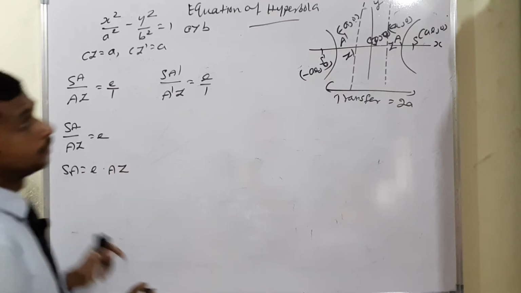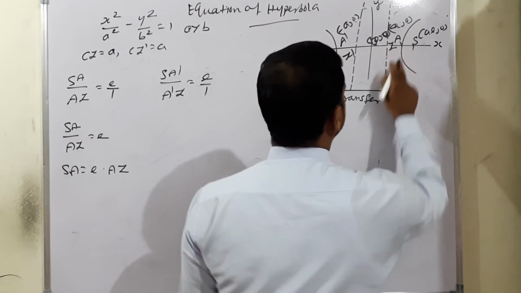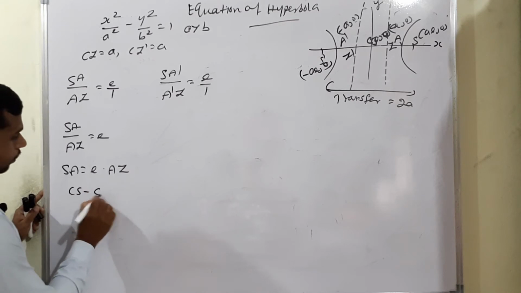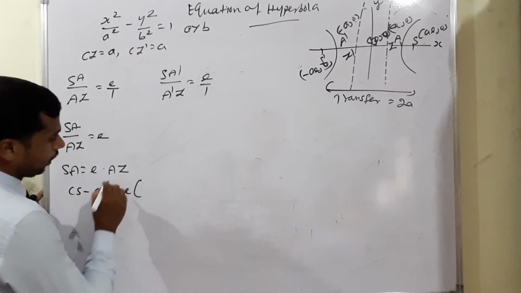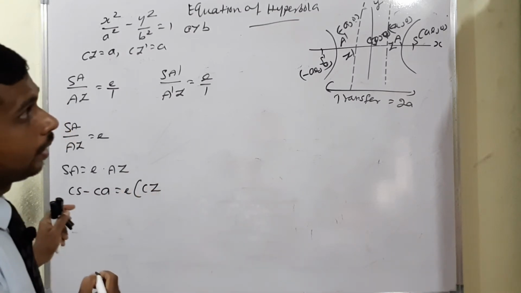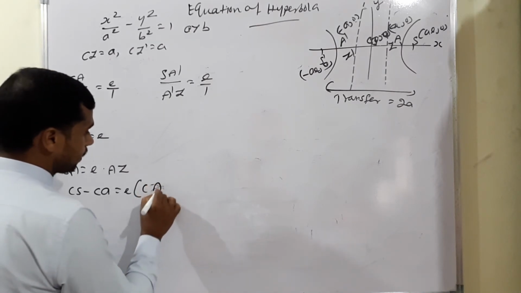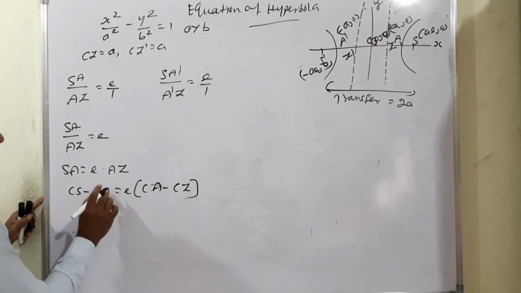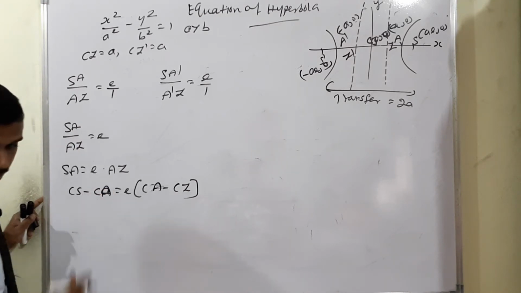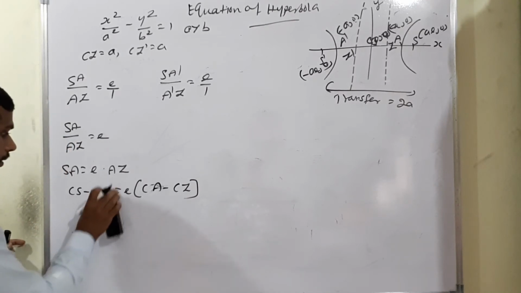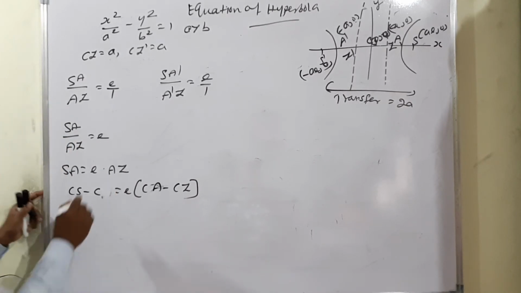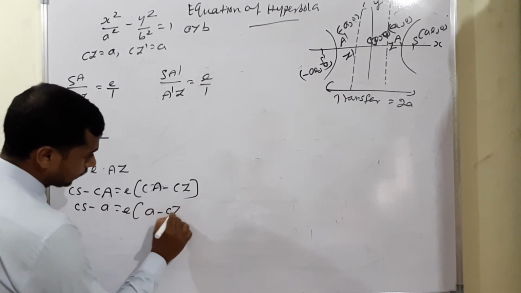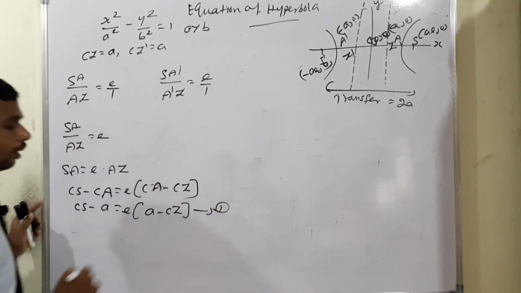SA is CS minus CA, and AZ is CA minus CZ. We know CA is A. Therefore CS minus A is equal to E into A minus CZ. This is equation number 1.